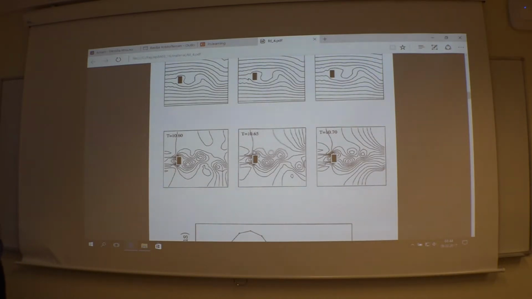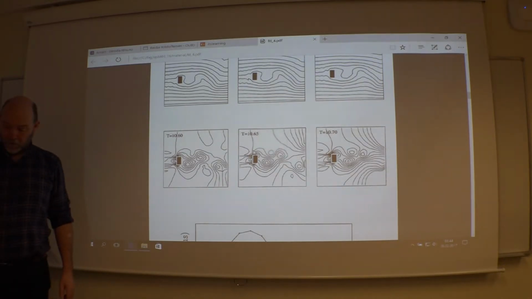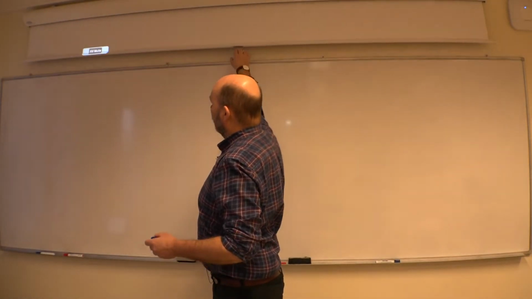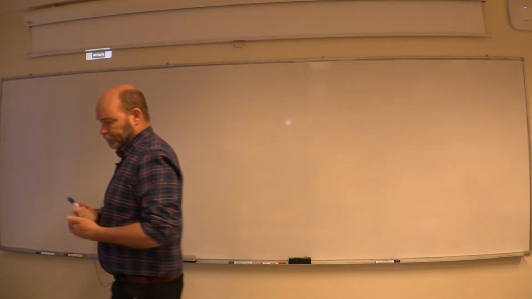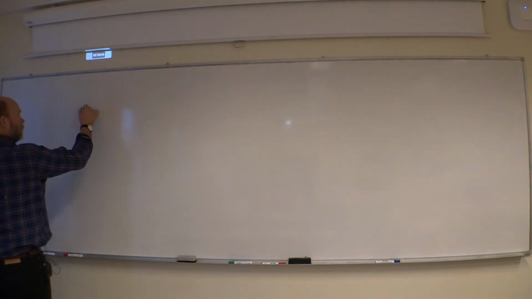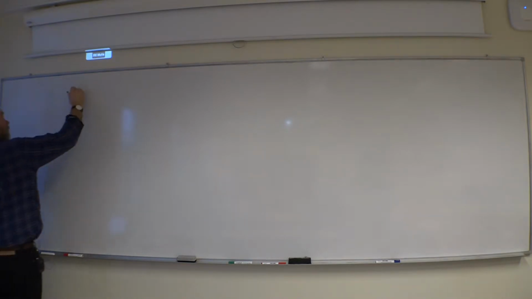A better one would be, instead of wasting time with all these plots, you calculate inside your program the lift and the drag force on the block, say lift and drag.